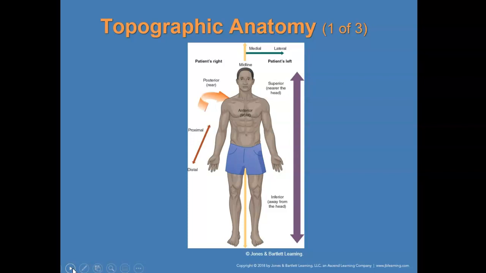If they were talking about the shoulder area, that would be the proximal area of the arm. And if they were talking about your fingers, that would be the distal area of the arm. But you could also say just distal to the antecubital area, which would be just below the bend of the arm. So those are the main directional terms.